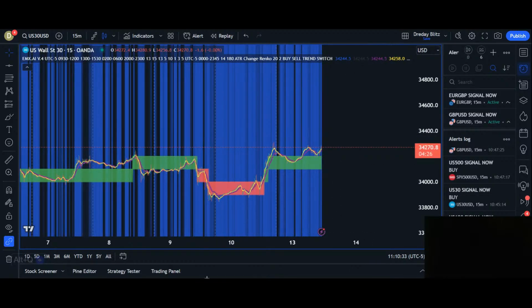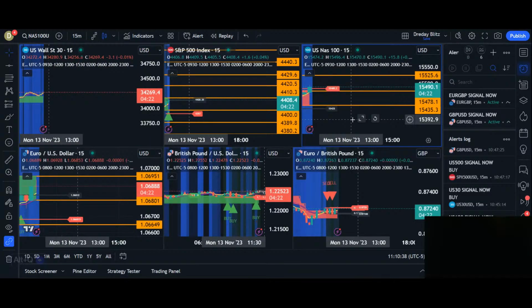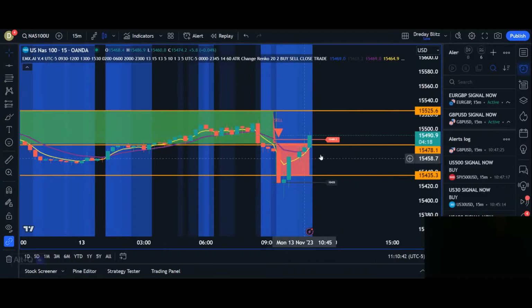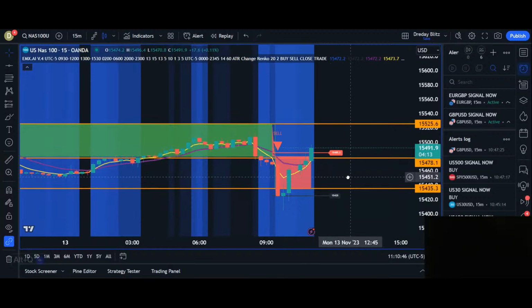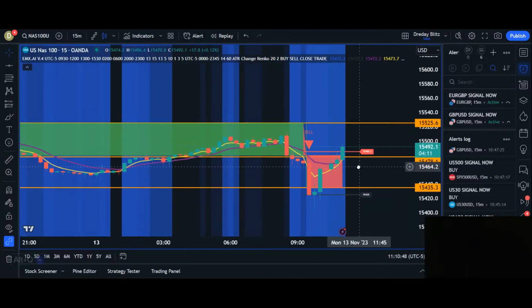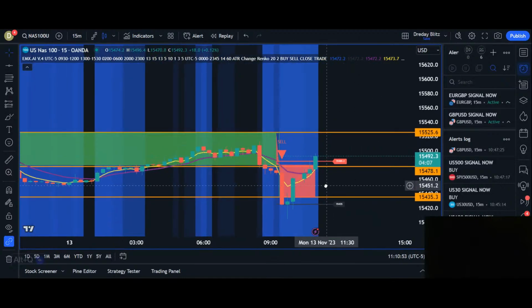Nasdaq, we had it as a sell. Like I said, most of the time, Nasdaq and US 30 and S&P 500 move in the same way, but right now we had a sell here, so we're waiting for the reversal.